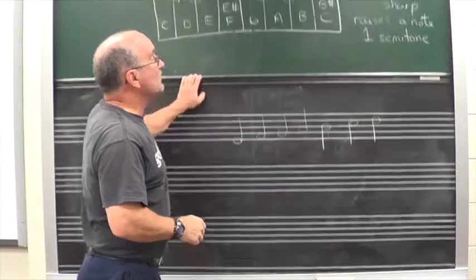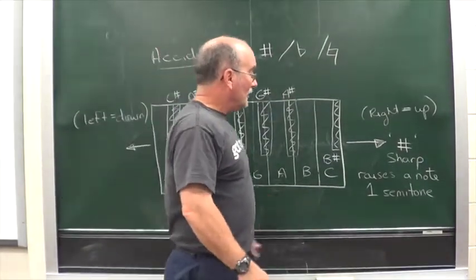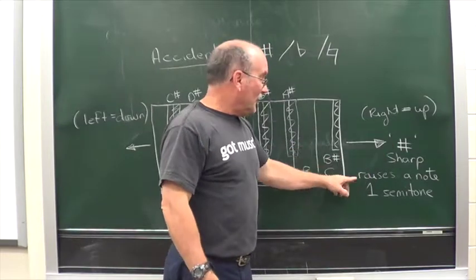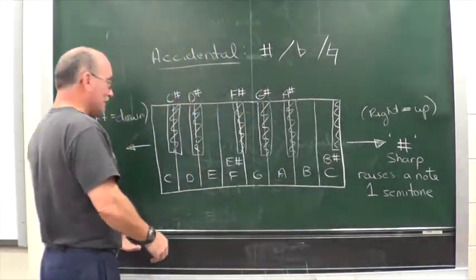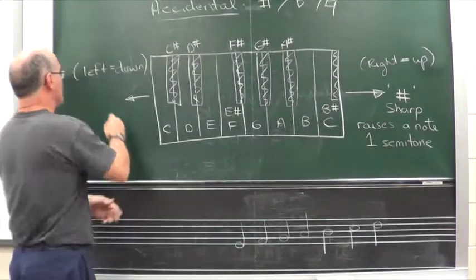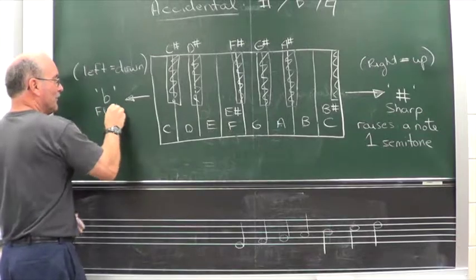And the same thing exists with regards to accidentals: if it's a sharp, then it's making the note go up. If it's a flat, which is what this next one is going to be called, that's the accidental, the flat.